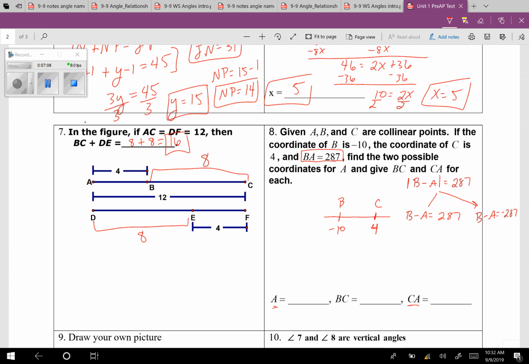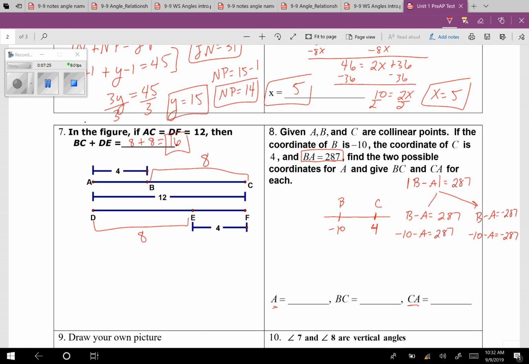So you have to do both cases. So we'll just plug in here. So it's -10 minus A is equal to the positive 287, or -10 minus A is equal to negative 287.